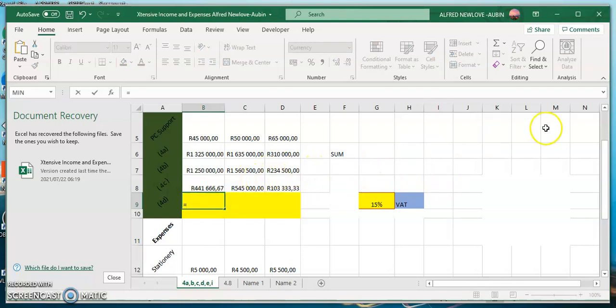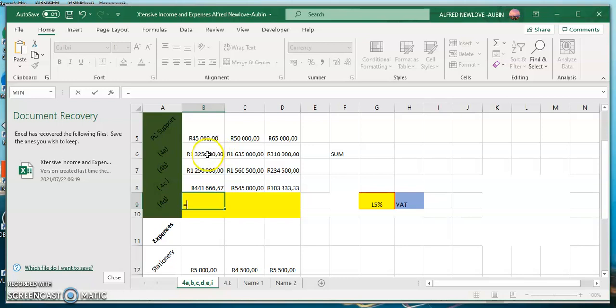We want to add the total, that is B6. We want to multiply B6 by this to get the VAT, because we want to multiply the total by the VAT percentage to give us the VAT.